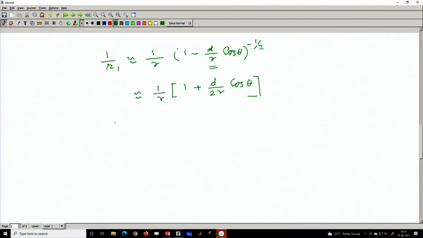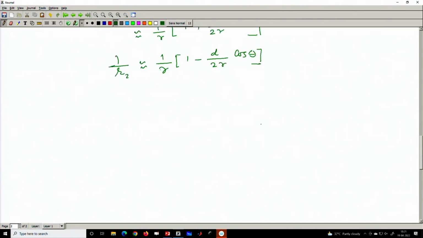In a similar way, 1 by R2 will be simply 1 by R, and instead of having a plus sign here we have a minus sign, d by 2R and cos theta. Okay.